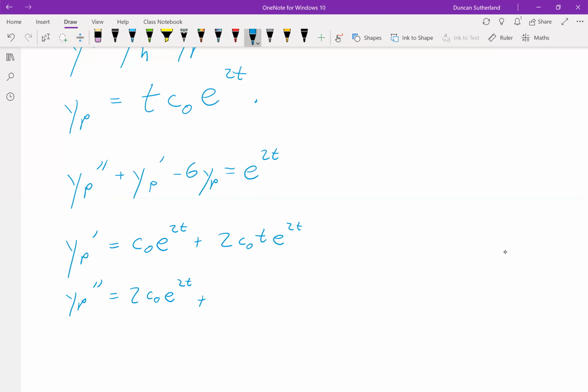It's like t times e to the t again. And if you're clever, you'll recognize the pattern, it's kind of recursive, but I'm just going to do it slowly. Differentiate the first one, leave the second one alone. Differentiate the second one, leave the first one alone.